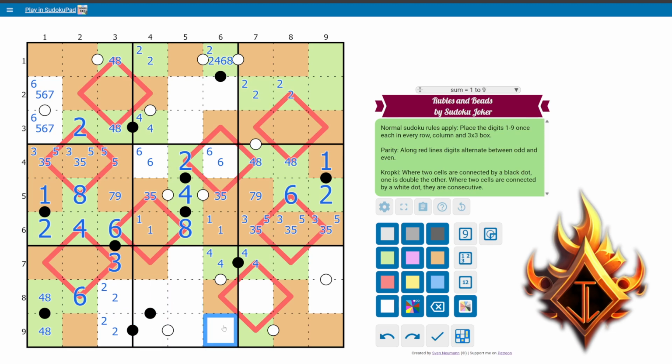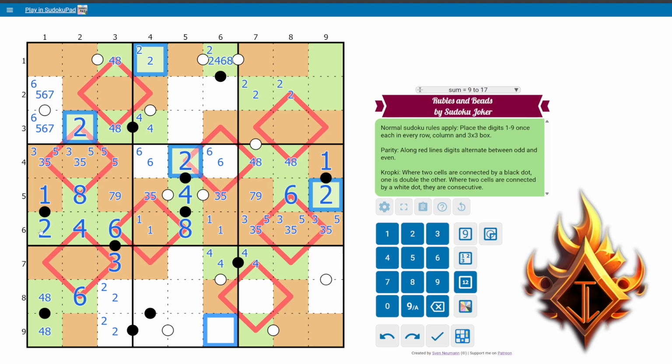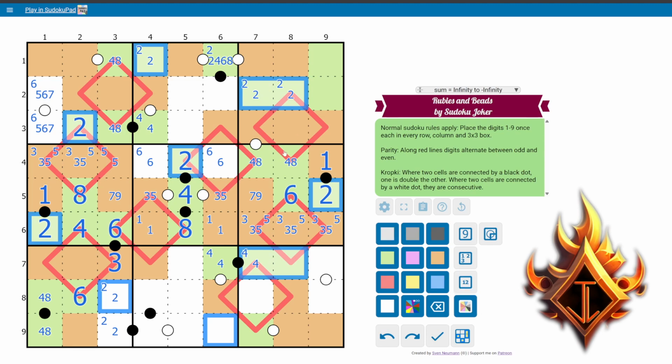If it didn't go there, it would have to go there. So it would look like that. That too seems to be okay. As long as this would still work.